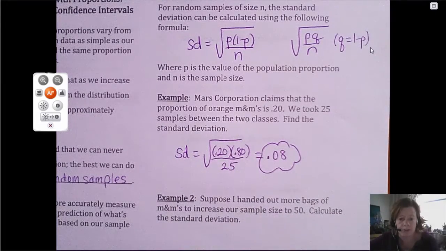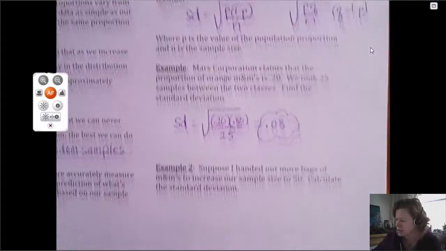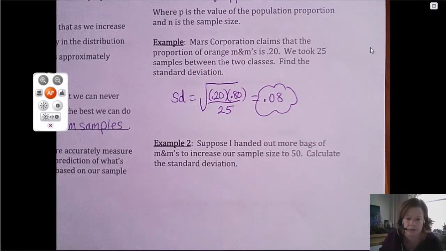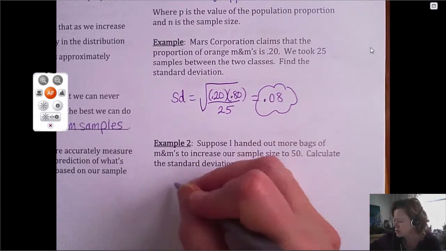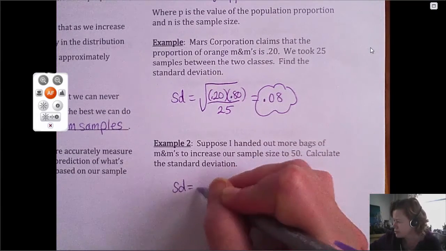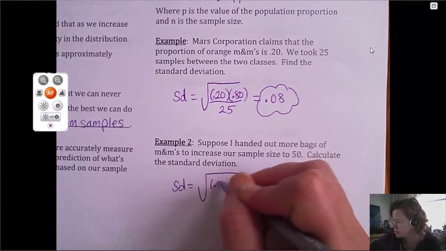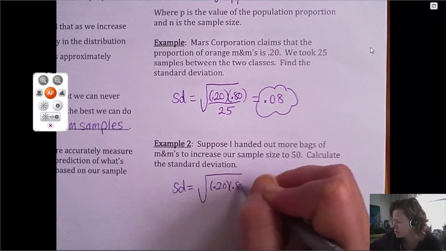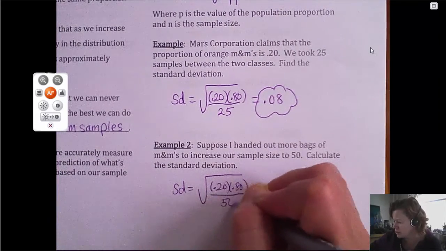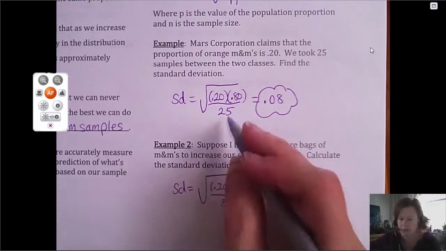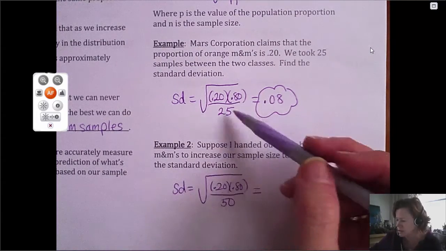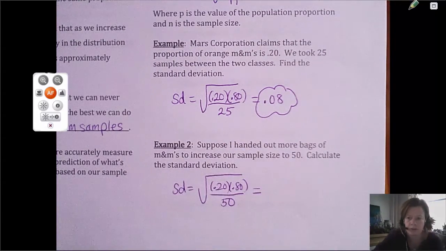Okay, let's do one more and see what happens when we increase the sample size. So same M&Ms, so the company says that the proportion of orange is 0.2, but we're going to increase our sample size to 50. So here our standard deviation will still be the square root of 0.20 times 0.80, but now we divide by 50. See what's going to happen to our standard deviation as we increase our sample size.